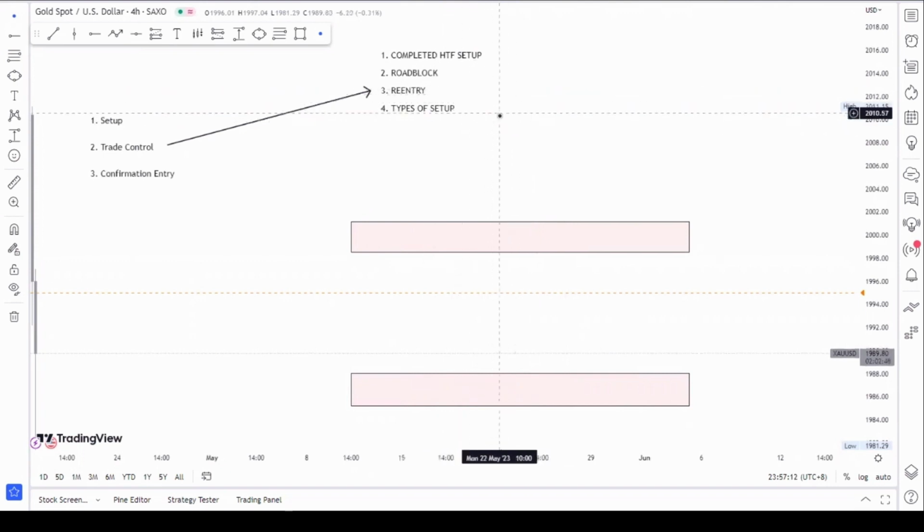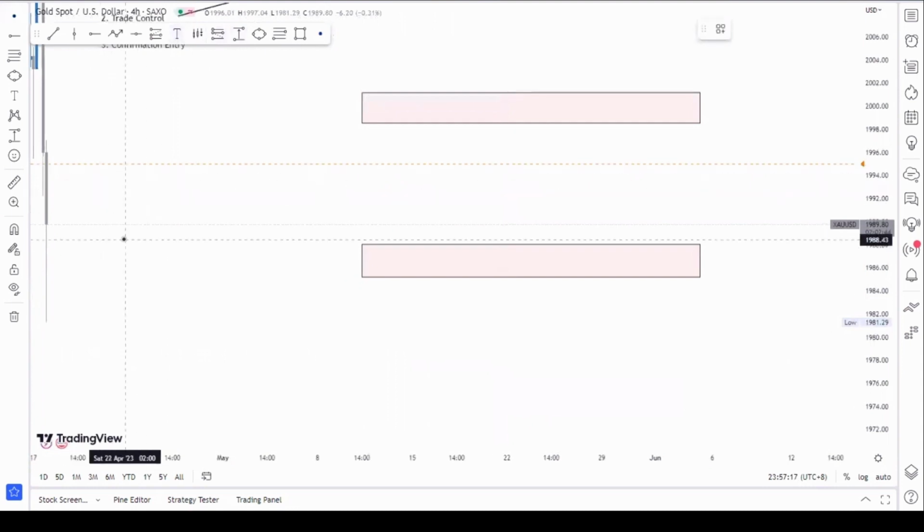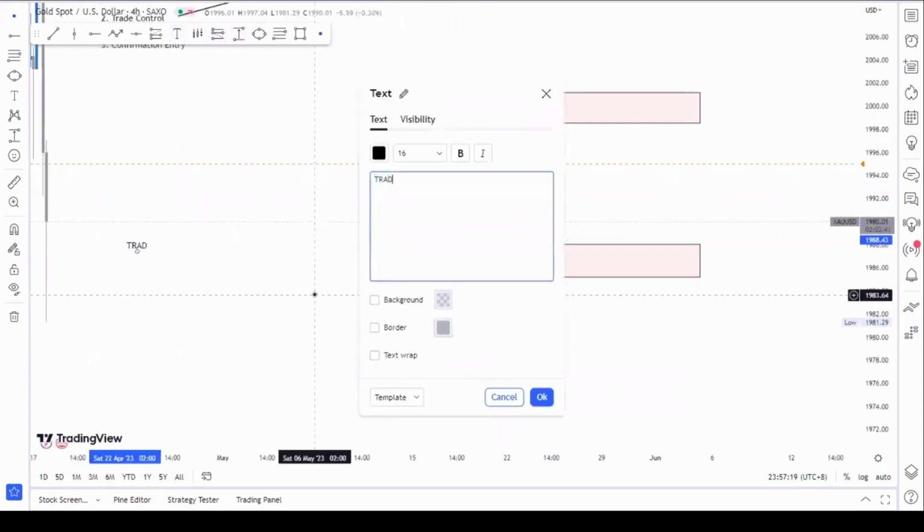So let's move to trade control. Talking about the trade control, the time frame that we are going to use here is M30, and sometimes it's on H1.